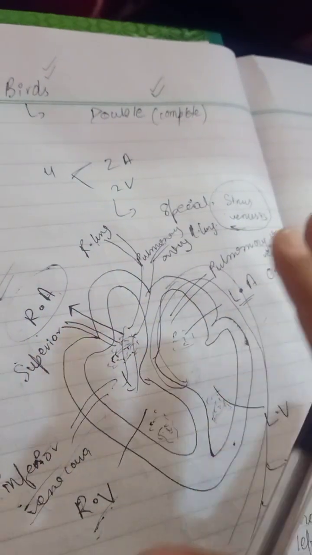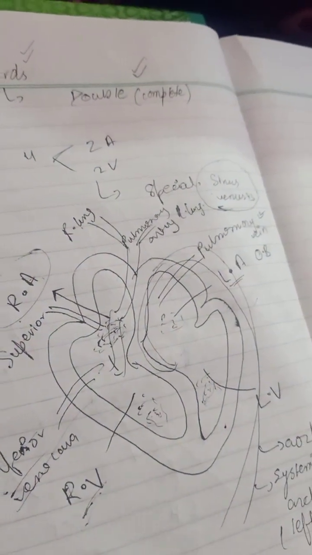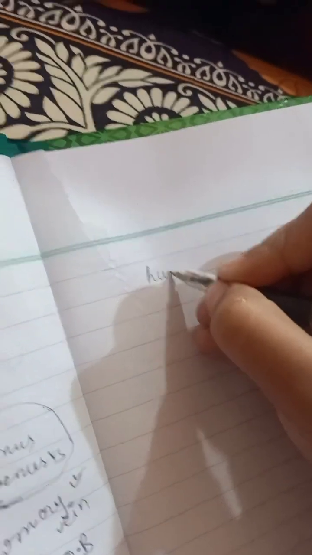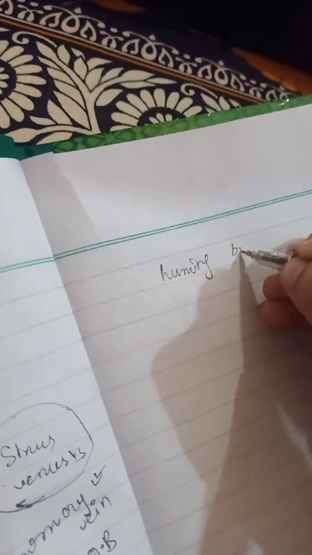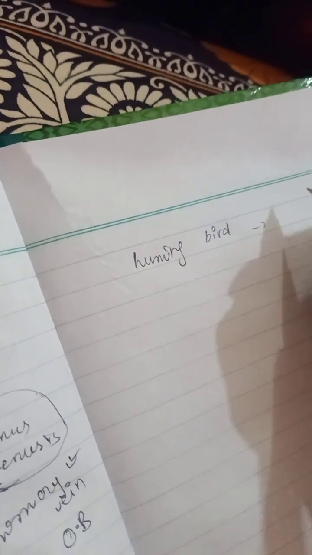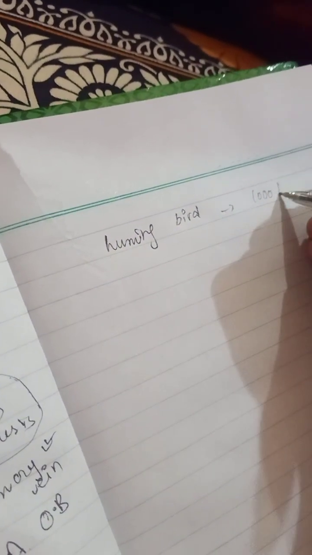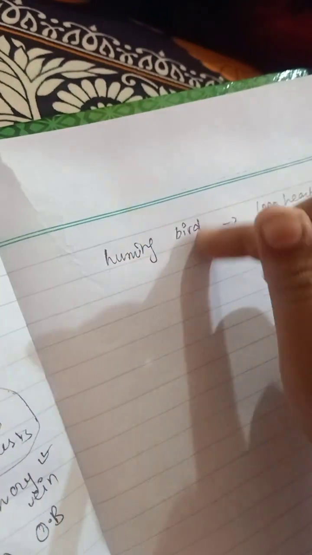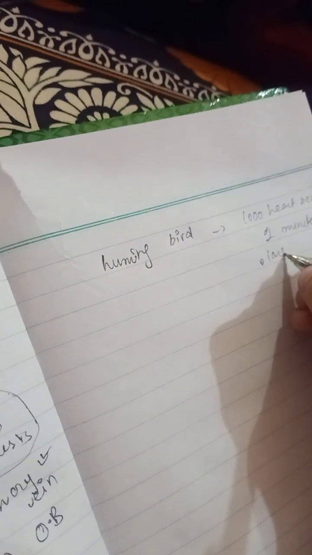So this type of circulation occurs in birds. For example, hummingbirds have about 100 heartbeats in 1 minute. They are smaller in size, but their heart is larger.